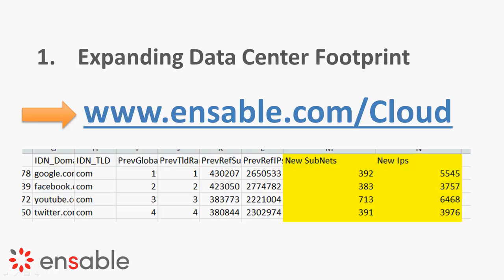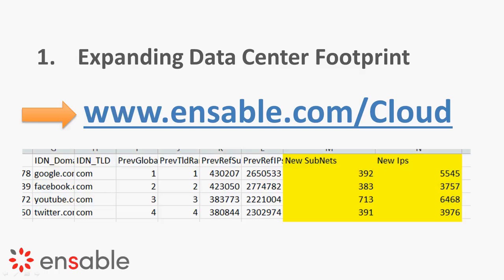So in order to predict expanding cloud data center footprints, what we're looking at is subnets and IP addresses. This is basically an indication of how large that data center footprint is and how rapidly it's growing. And so what we've done is we've compiled a list of the top 1 million companies that are experiencing expansions within this realm and provide that for you for free.